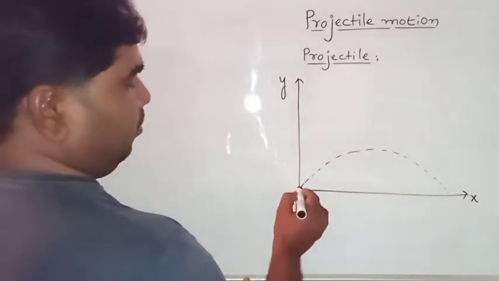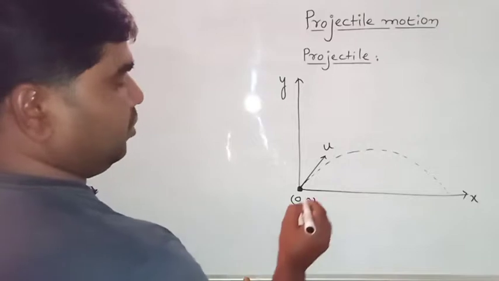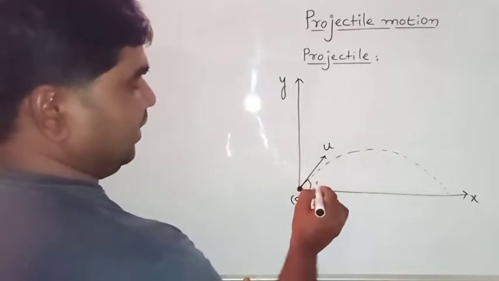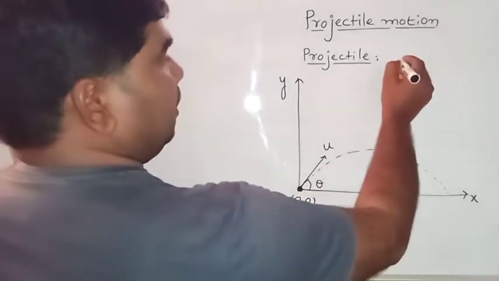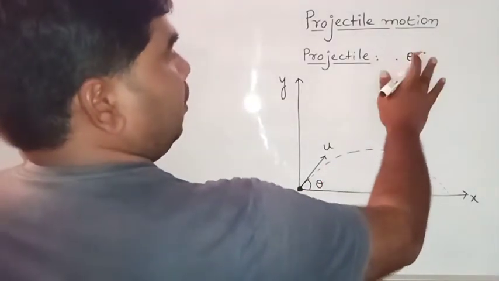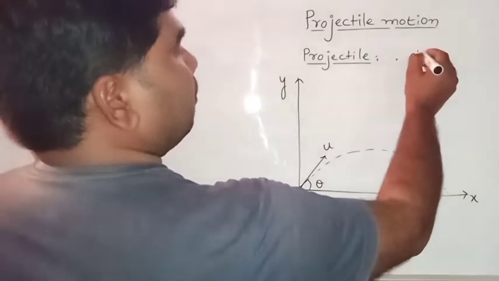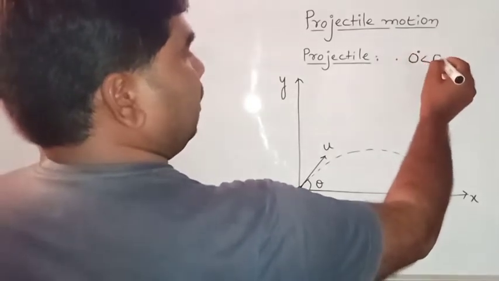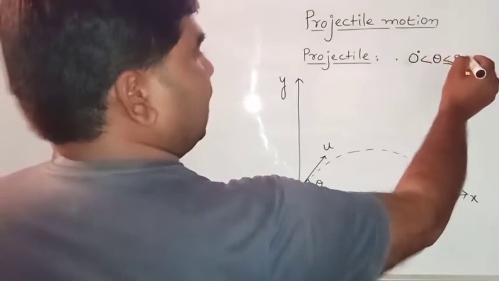So here the projection initial velocity is assumed as u and it is making an angle theta with the horizontal. Here theta value should be greater than 0 degree and less than or equals to 90 degree.